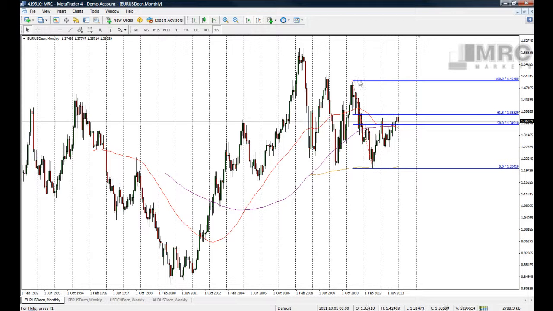You have long-term sellers coming in at this 61.8 here, sort of pierced the 61.8, and not quite a reversal candle, although this month's candle is looking quite bearish already, although it is only the start of the month. But then you also have the 100 SMA lining up with this 50% as well, and the 50 SMA here, so the sellers may find it difficult to bring this down below these SMAs here, because there's quite a bit of support.